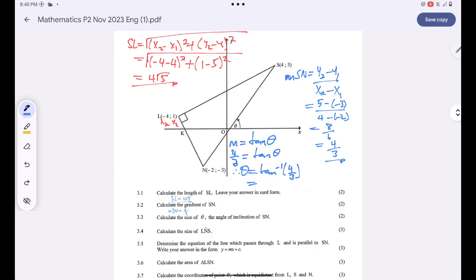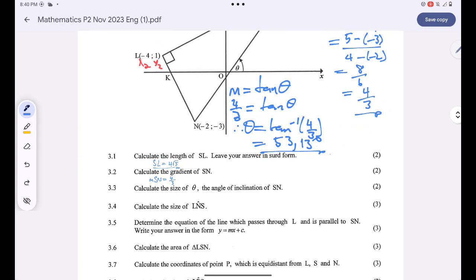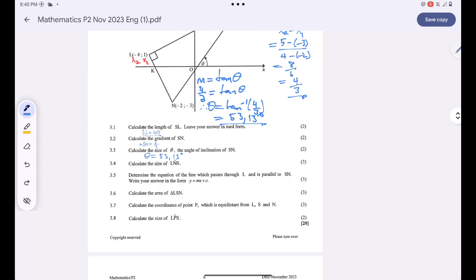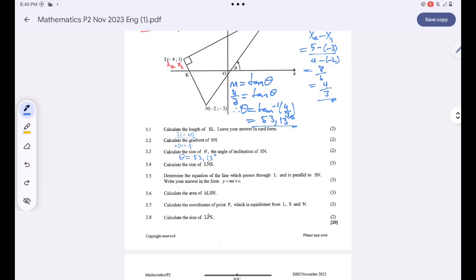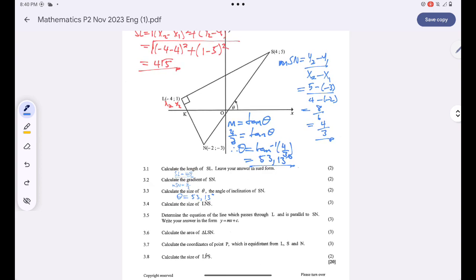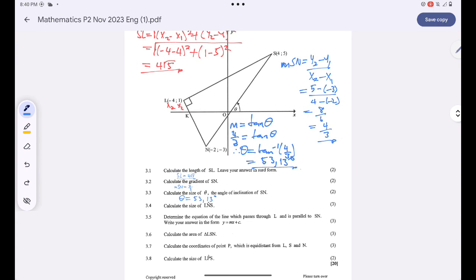Tan inverse of 4 over 3. I simply get 53.13 degrees. So theta is 53.13 degrees.